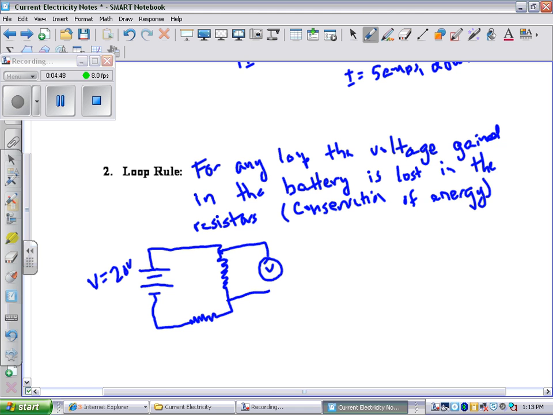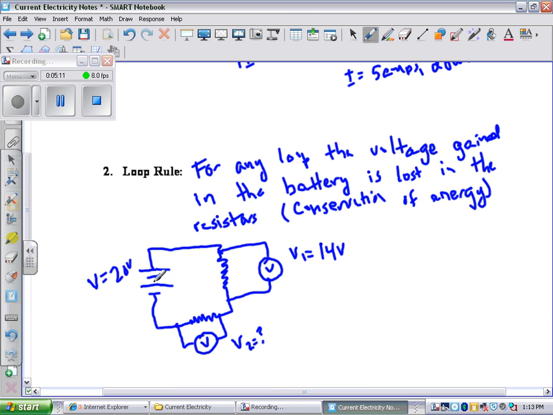And let's say that voltmeter, we'll call this V1 for the first resistor, that voltmeter is telling me that the voltage for that resistor is 14 volts. And I want to know what V2 is. So I'll put a voltmeter around this one. And I want to know what V2 has to be.